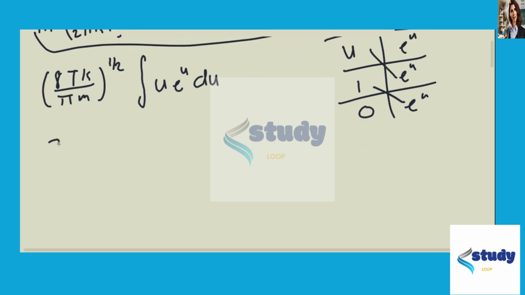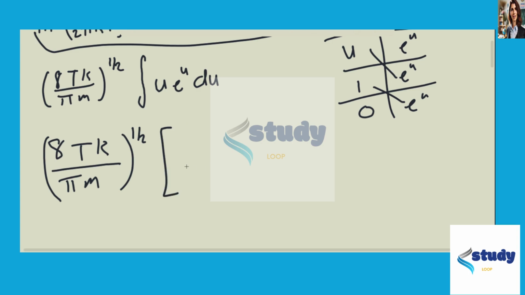So now I'm going to have 8kt over pi m to the 1/2, and I will have u e to the u minus e to the u from 0 to infinity. So this is an improper integral. So I'm going to need to set up a limit and take the limit of some arbitrarily named variable as it approaches infinity.